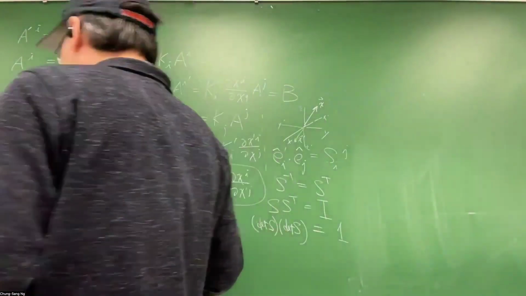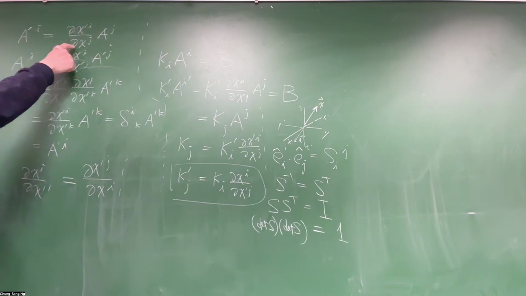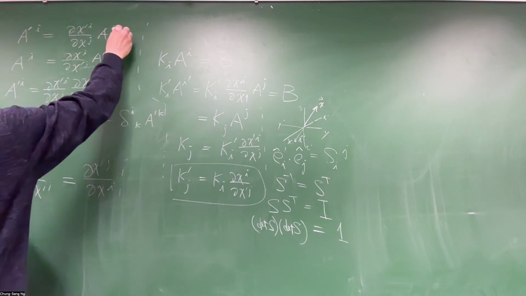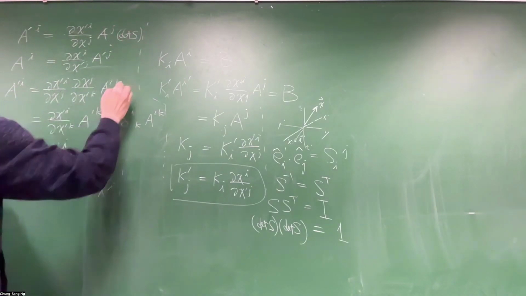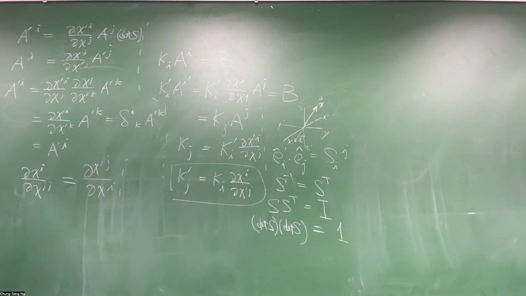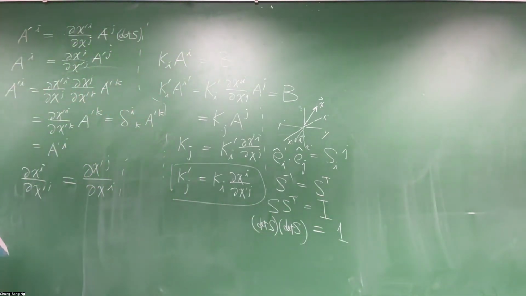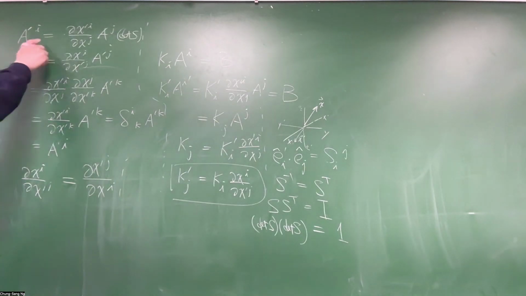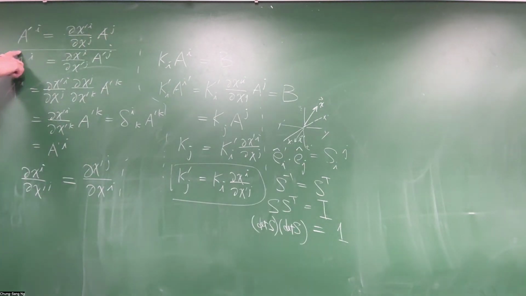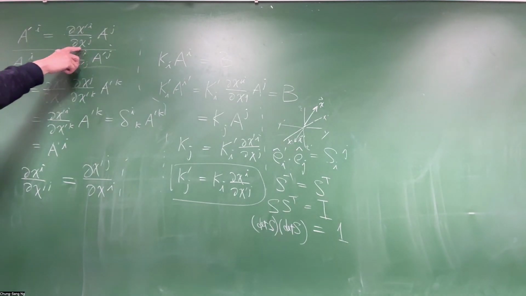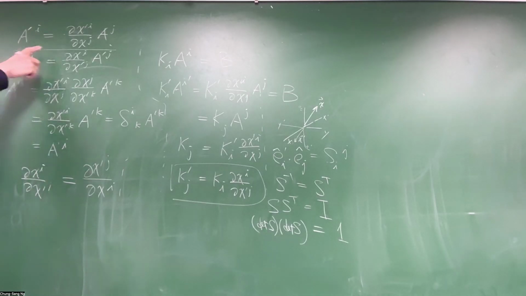So if you have a vector, it's not transformed just like that for a general linear transformation, but it also involves the determinant of S. If you multiply by the determinant of S, that is what we call a pseudovector. In the discussion so far, we defined a vector according to this one, but the transformation is not just this one.